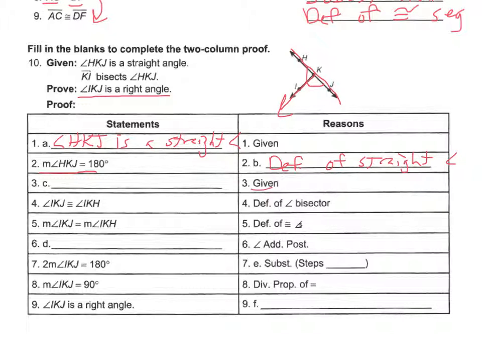Now what else was given? That right there, wasn't it? So ray KI bisects angle HKJ. Well, if that's the case, then these two angles are congruent because of the definition of angle bisector. Their measures are equal because of the definition of congruent angles, just like the segments, angles have the same thing.